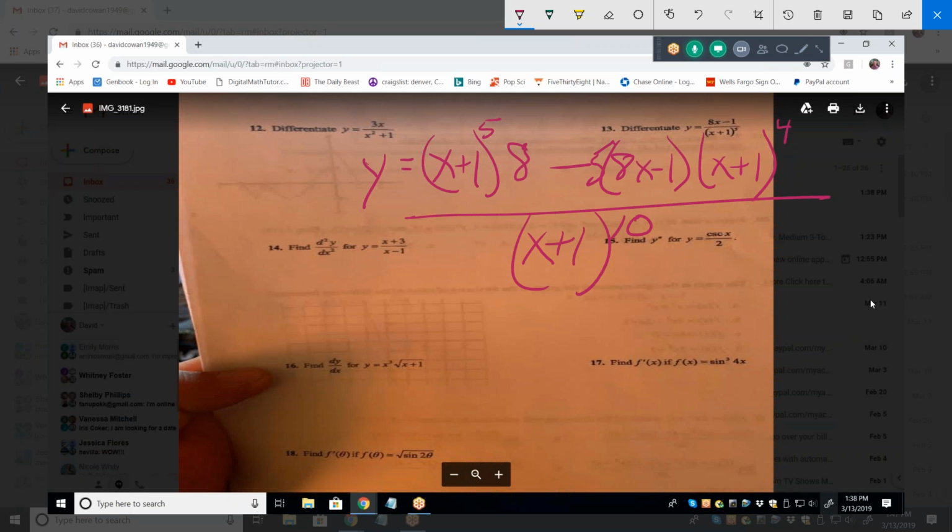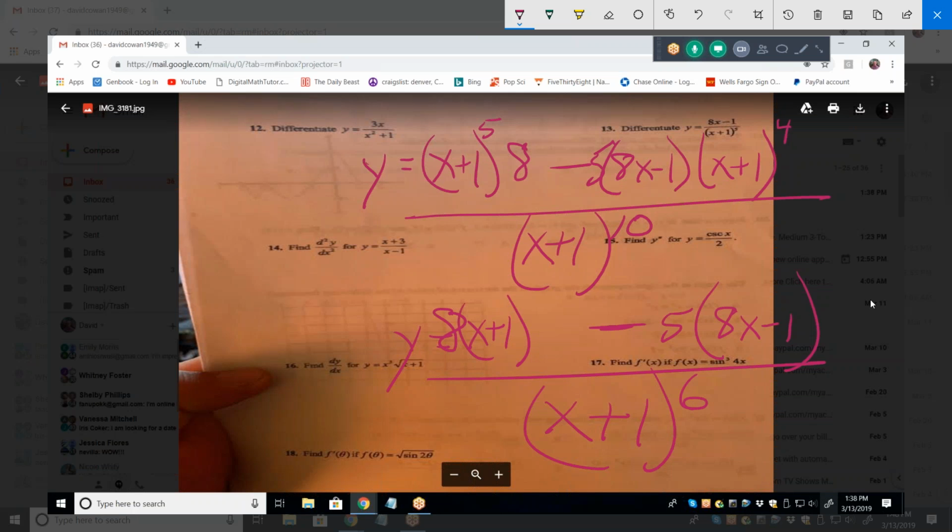I can at least take 4 of these factors out of top and bottom, right? That leaves, after the minus sign, 5 times 8x minus 1, and over here an x plus 1 times an 8, and down below, x plus 1 to the 6th.